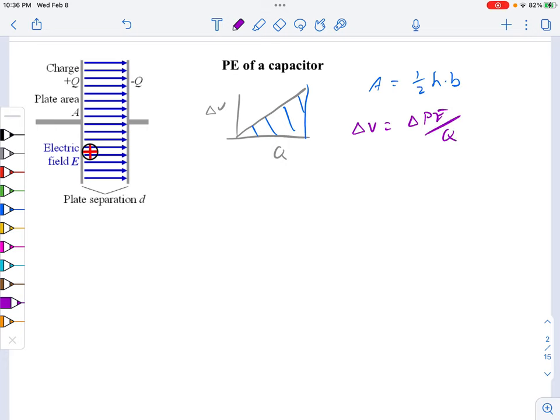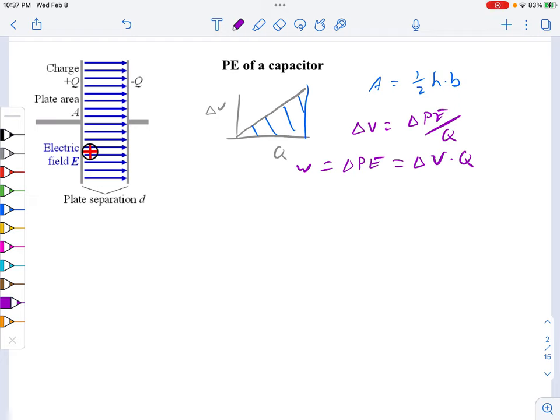Then the change in potential energy is just the change in voltage times the charge. And the change in energy, hey, that's just work. If we multiply change in voltage times the charge, we're getting back to the change in potential energy, or the work done on a charge to give it potential energy.